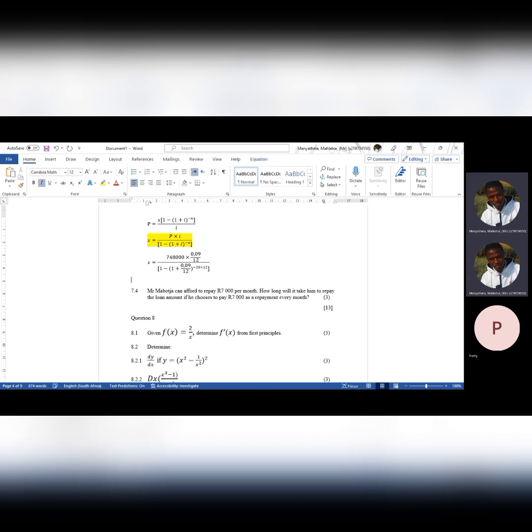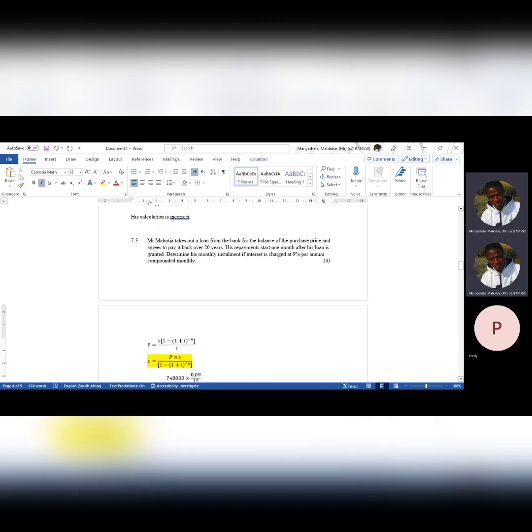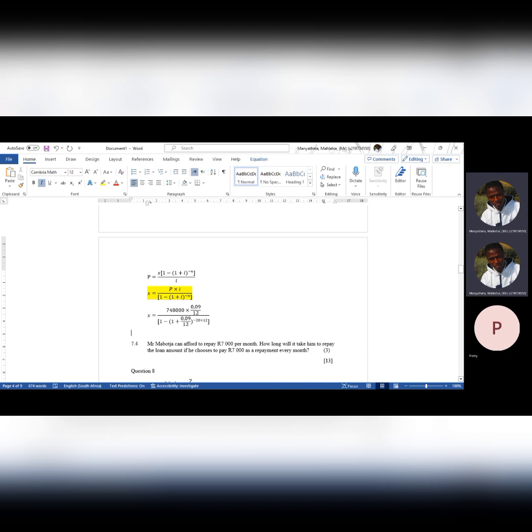So yeah, this is 4 marks. You can just go straight to the answer, man. You don't have to sweat, unless you want the long step, like how we arrived at this formula that I've highlighted.